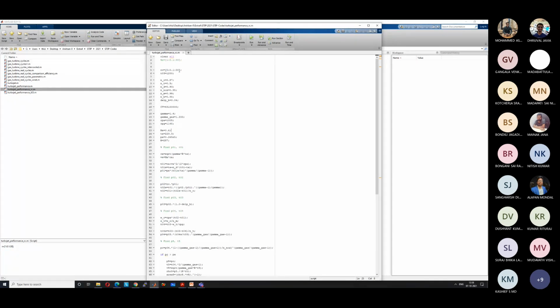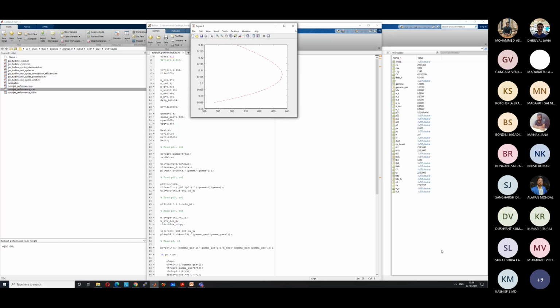Like this, I continue until I go to a pressure ratio of 30. So from 5 to 30 at increments of 0.1, I am doing the same set of calculations again and again, finding out the specific thrust and thrust specific fuel consumption, and then plotting them. This will give us the variation of specific thrust and thrust specific fuel consumption with respect to RC, the compressor pressure ratio. Okay, engine characteristics for that.